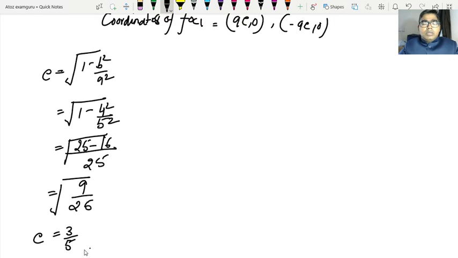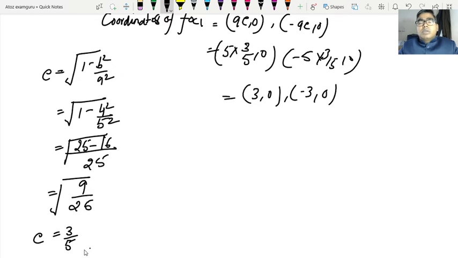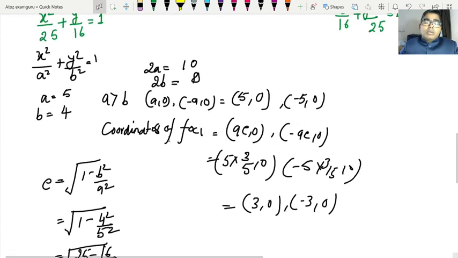The eccentricity is 3 by 5, right friends? So if you want to calculate ae, it means 5 into 3 by 5 comma 0 and minus 5 into 3 by 5 comma 0, you will get 3 comma 0 and minus 3 comma 0 as the coordinates of foci.